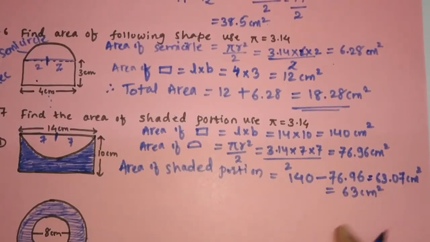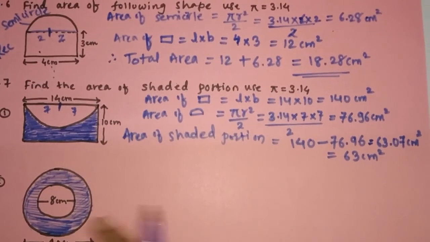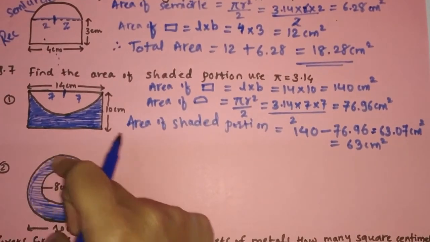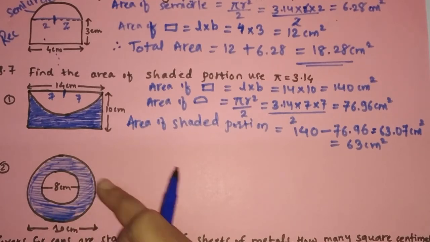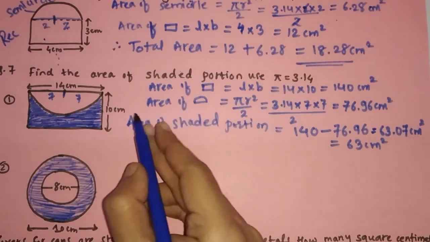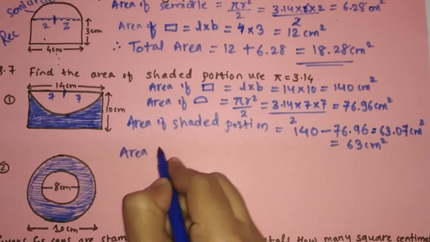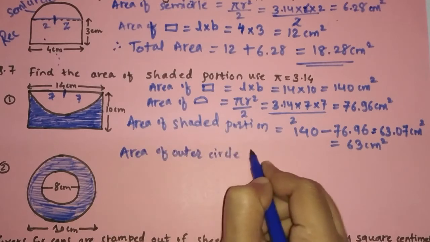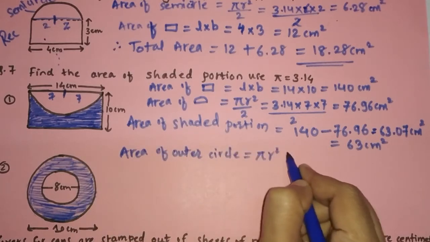Now we have these two circles and we have to find this shaded region. So outer circle minus inner circle, if we do, we'll get the area of this shaded portion. So we'll find the area of the outer circle first, which is equal to pi r square.